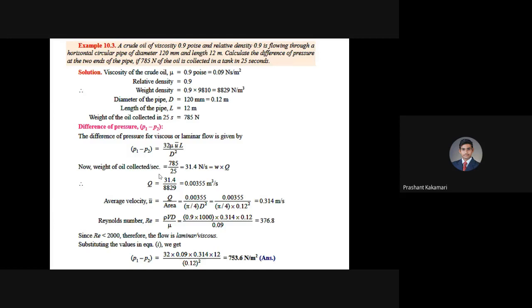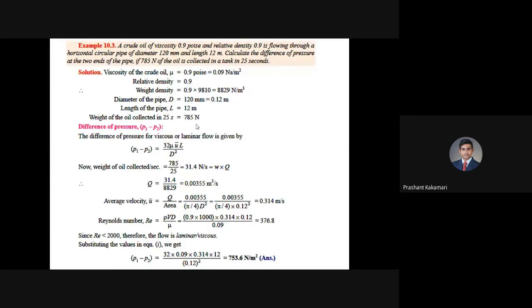So to use that, here we are going to find out this discharge using the weight density formula. For that, you can just note down here 785 Newtons per second. Okay, so Newton per second is the weight, what is that? Weight collected per second.